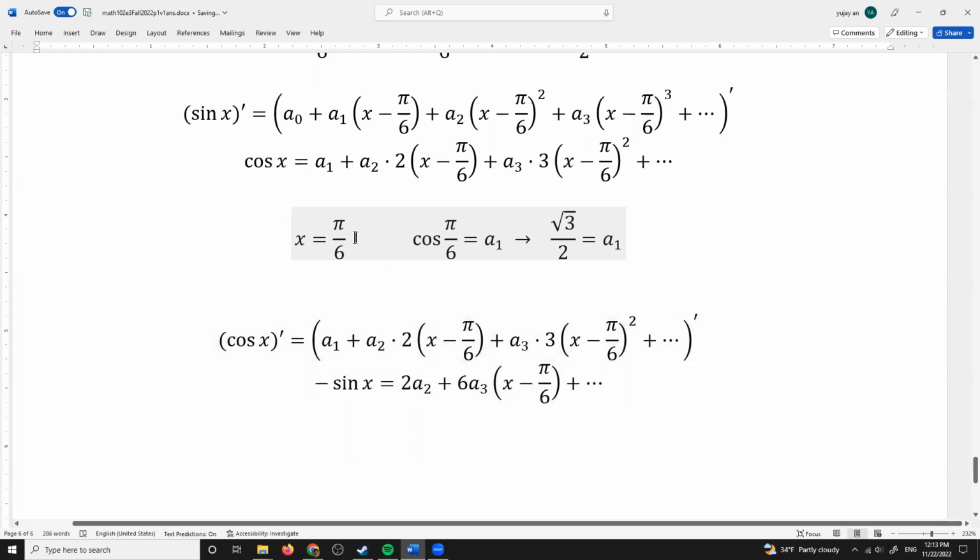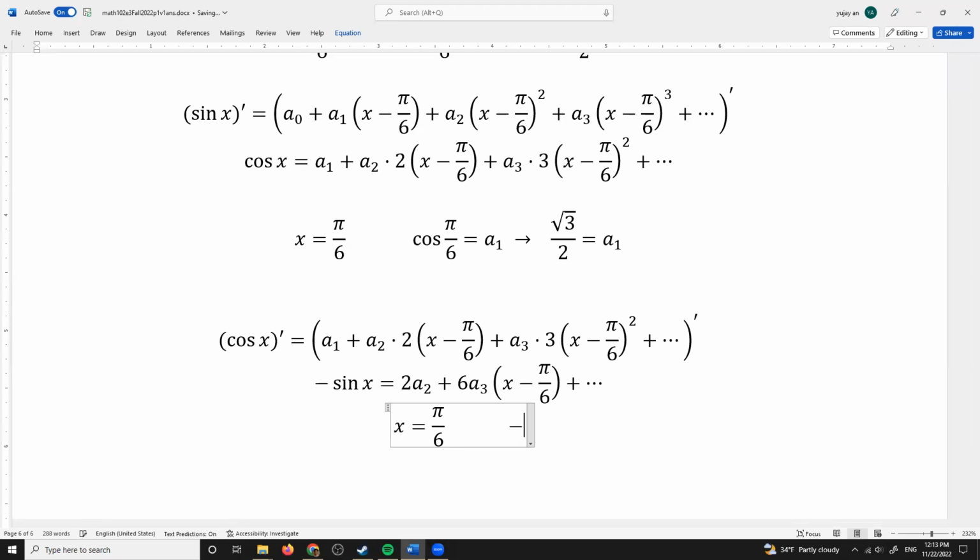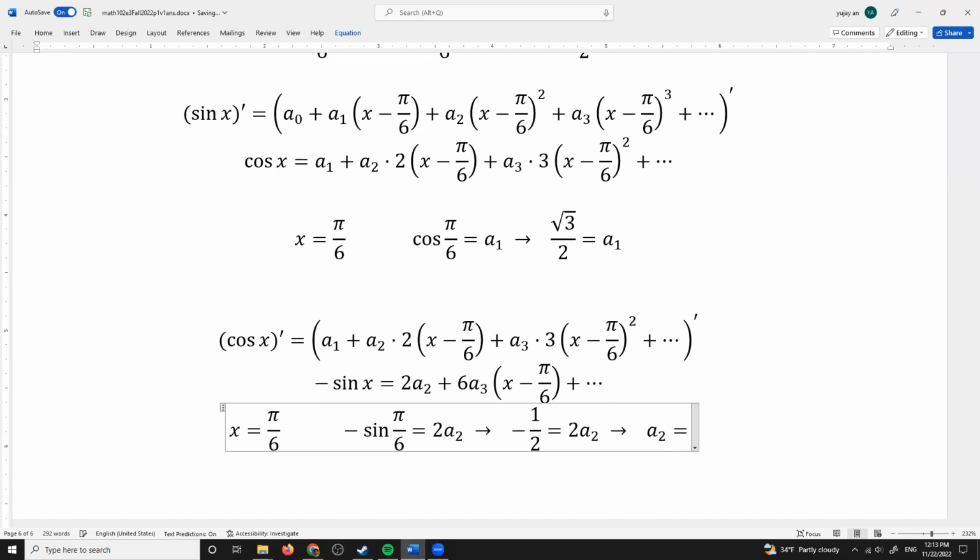And again, you plug in x equals pi over 6 on both sides so that you get negative sine of pi over 6 equal to 2a2 plus 0. So that says negative 1/2 is 2a2, which means that if you divide both sides by 2, you get a2 equals negative 1/4.